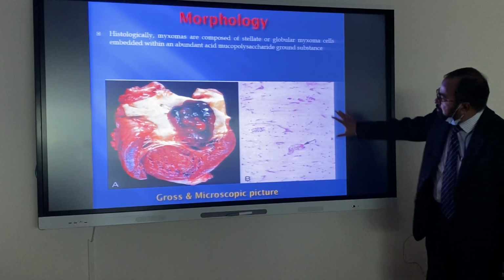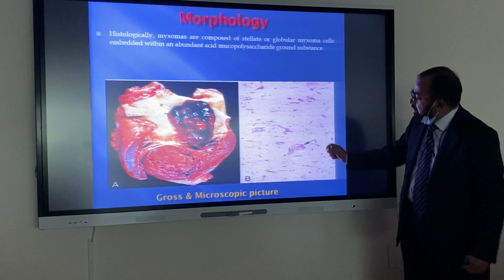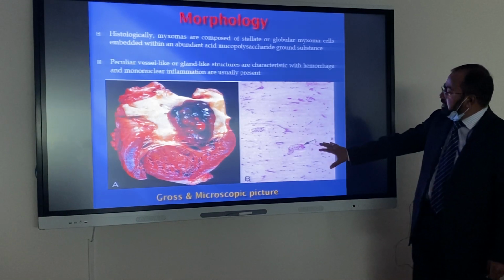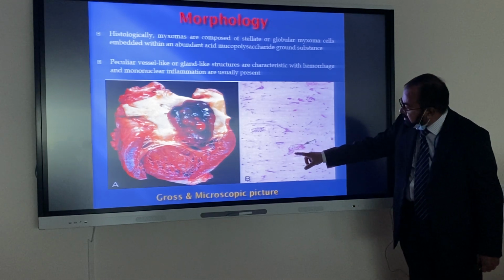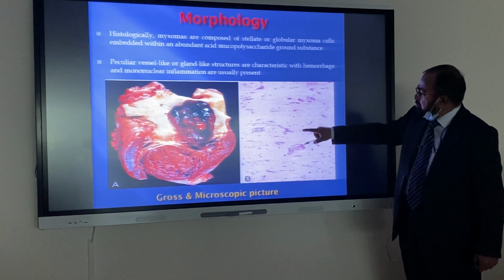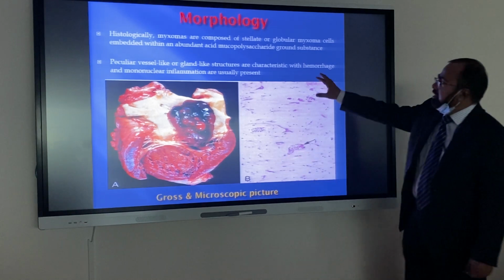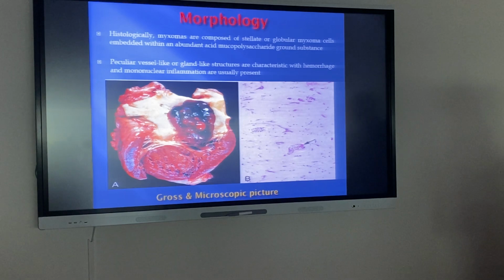So this meshwork is mucopolysaccharide with stellate cells. Then we have some vessel-like or glandular-like structures and mononuclear cells surrounding them. So this is basically the characteristic microscopic feature of myxomas.